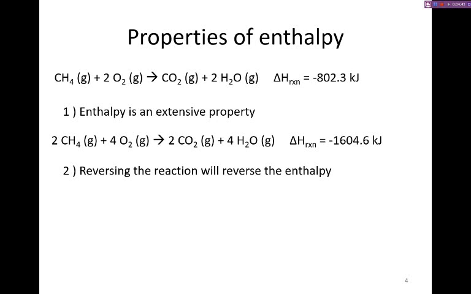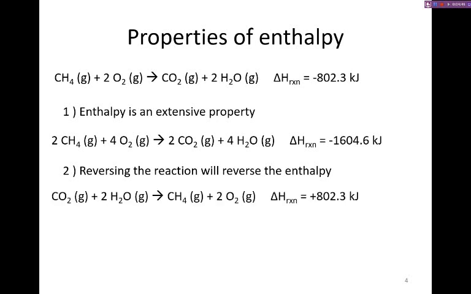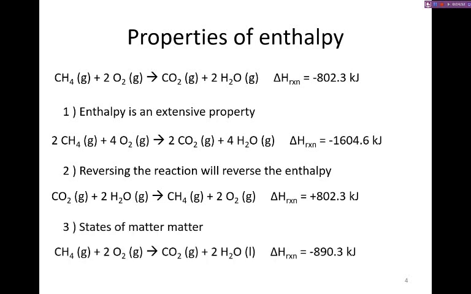If we reverse the reaction, instead converting carbon dioxide and water to methane and oxygen, that's going to reverse the initial enthalpy. And then finally, the states of matter matter. So in the initial reaction, we're forming water as a gas. Here we're forming water as a liquid.